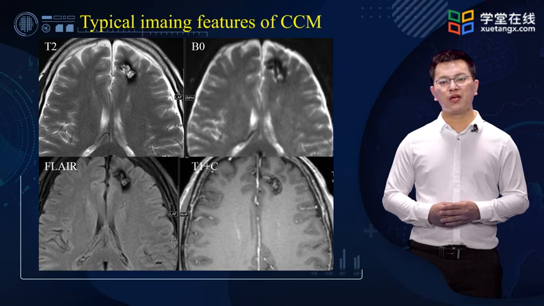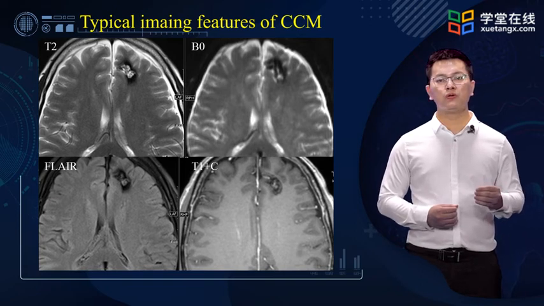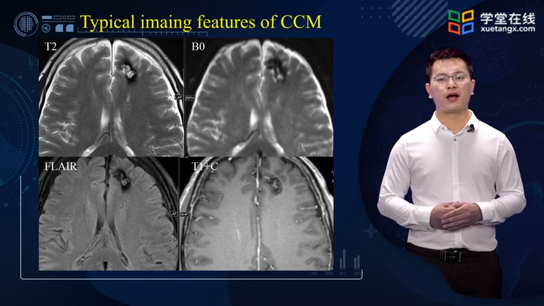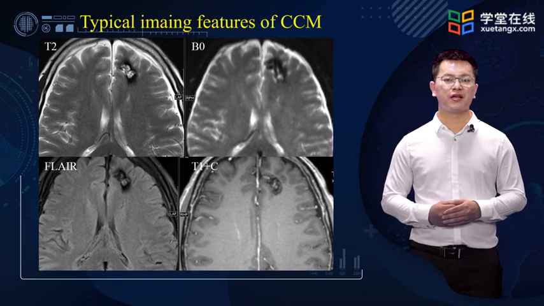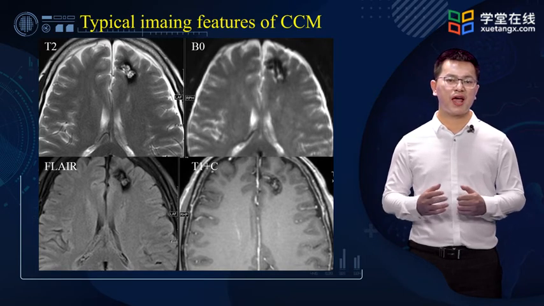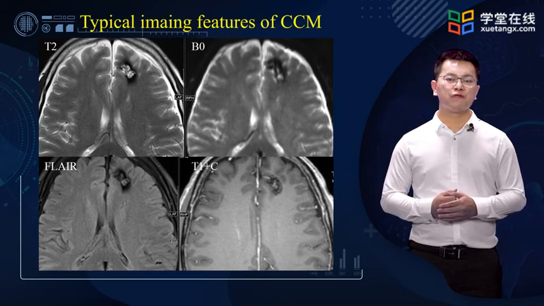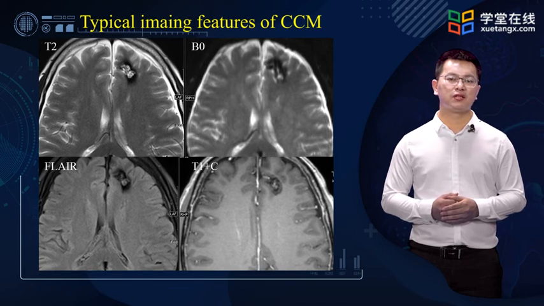On a T2 scan, a popcorn appearance is seen, but diagnosis also requires the presence of a complete low signal intensity hemosiderin rim. On a post-contrast scan, heterogeneous spotty focal enhancement is seen within a different cavernous malformation.